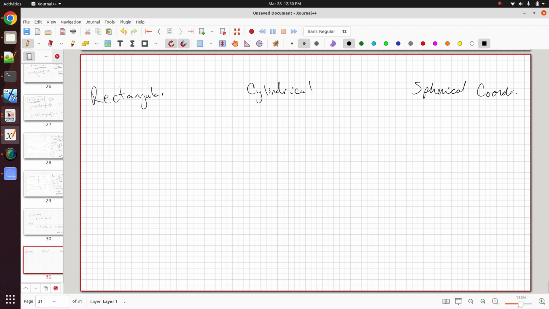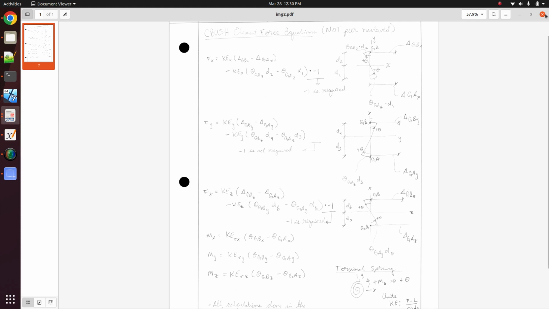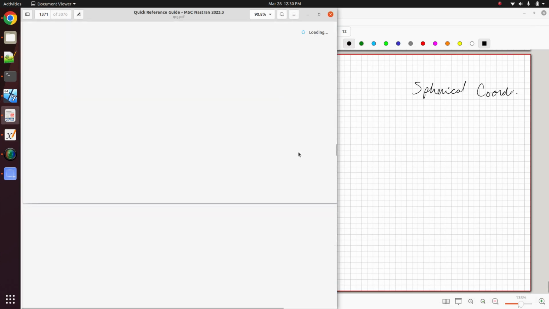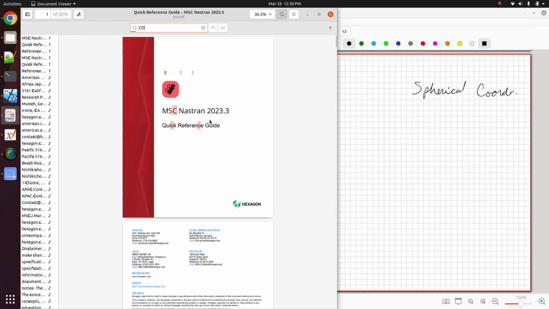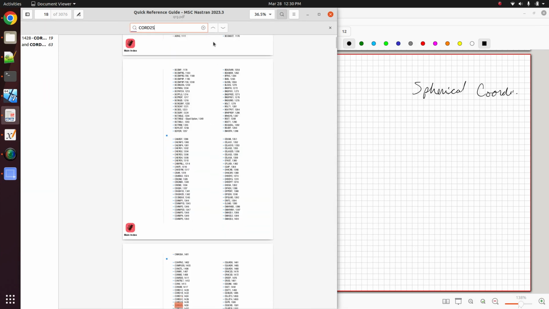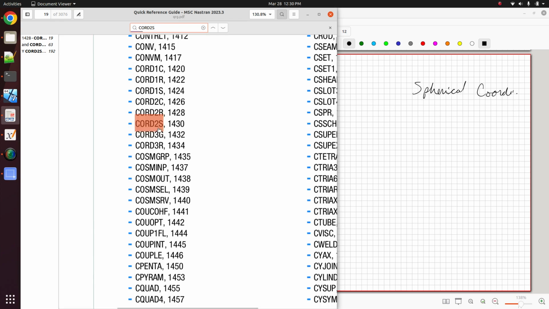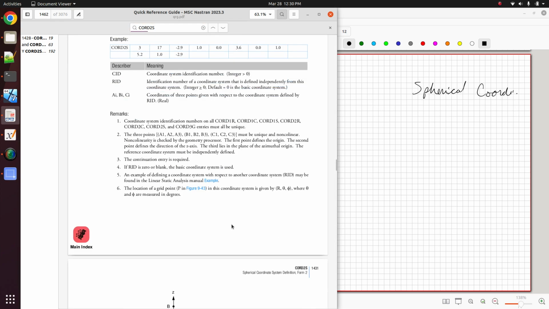If you look in the quick reference guide, let me go ahead and close some of these windows. Let me go all the way to the beginning. Here what I want to do is look at this expression.